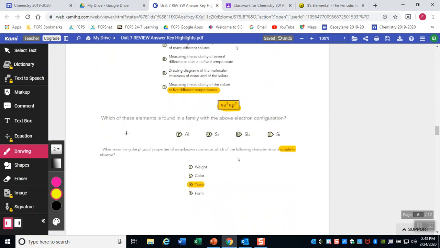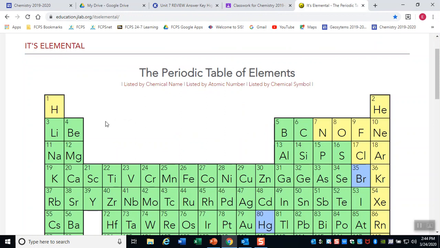And now this: which of these elements is found in a family, which is like a group, so that's a column, with the above electron configuration. So you've got, doesn't matter which level, but it's at the P3. So we need to look at the periodic table. So here would be our S2 and P1, P2, P3. So it's got to be in this group or family.